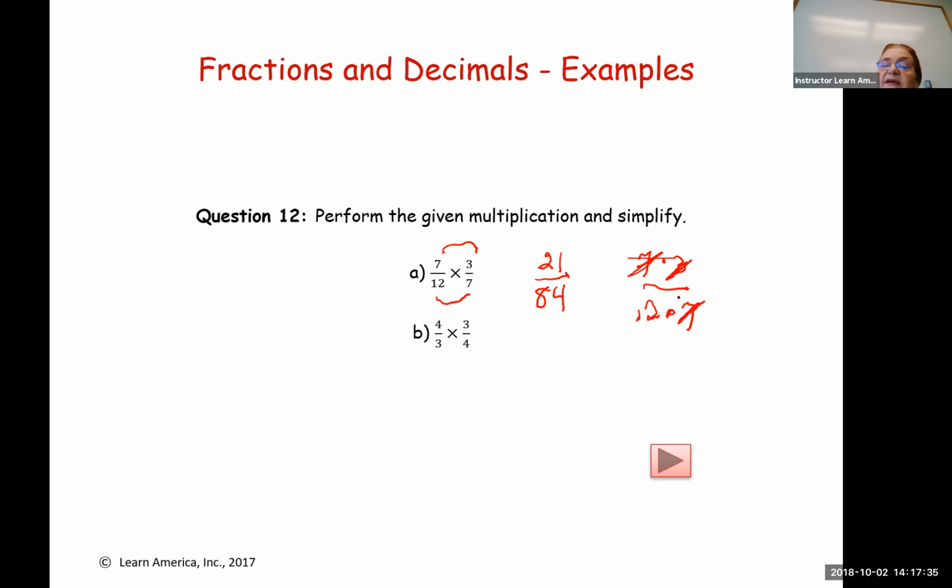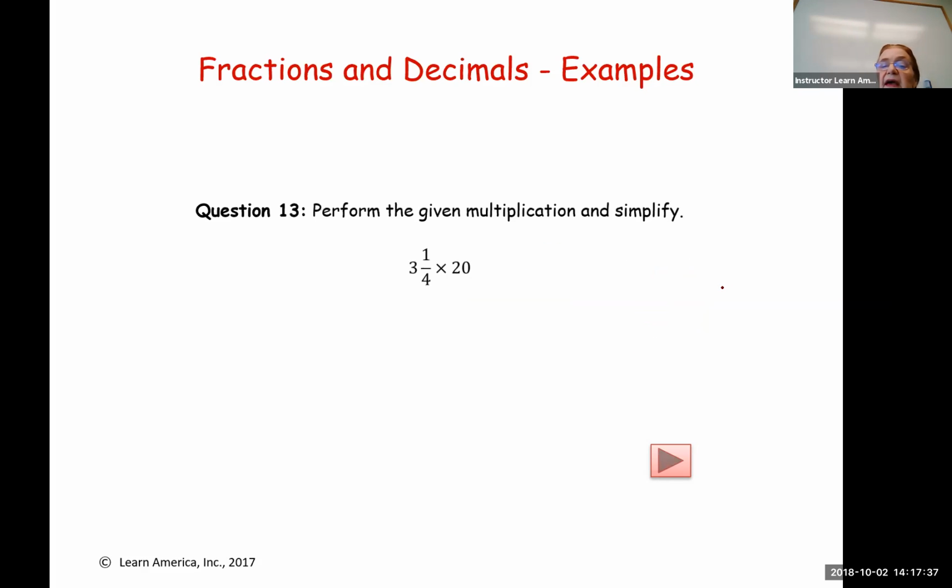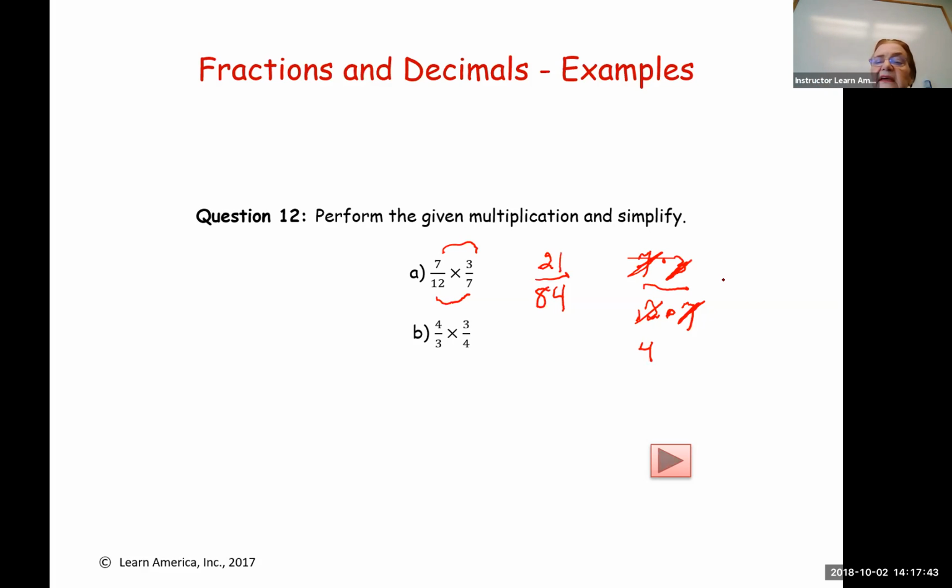We can divide 3 into itself and 3 into 12, and wind up with the common fraction 1/4.